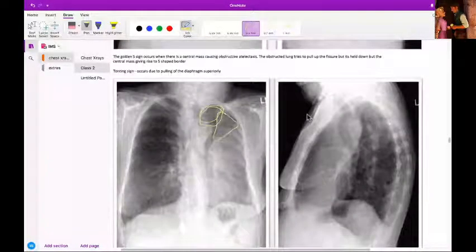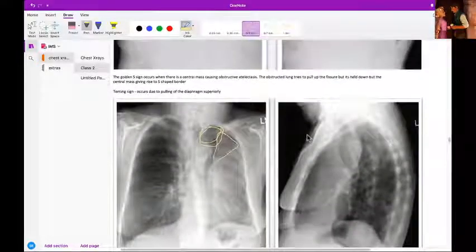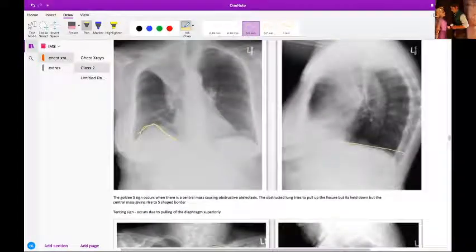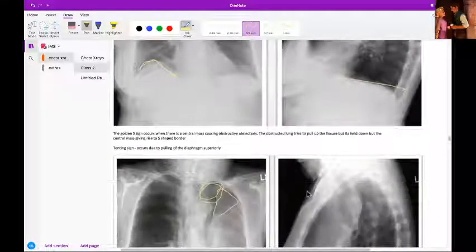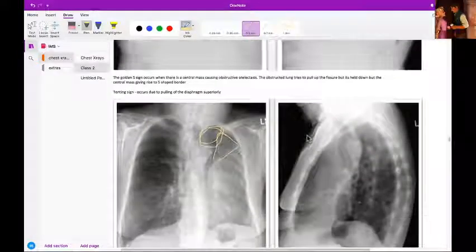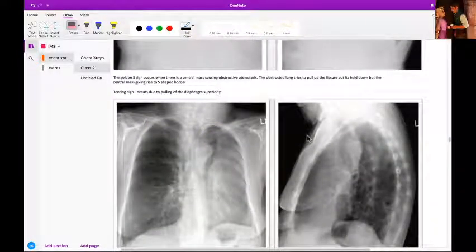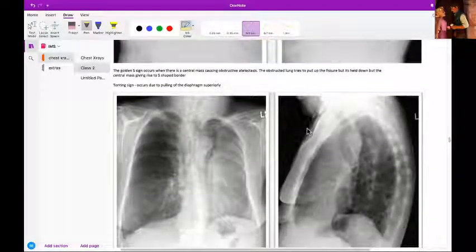Can you repeat? Oh, the tenting sign. You heard till the tenting sign? No, after that. So basically, in the beginning I was talking about how in atelectasis there is hyperinflation of the remaining part of the lungs.